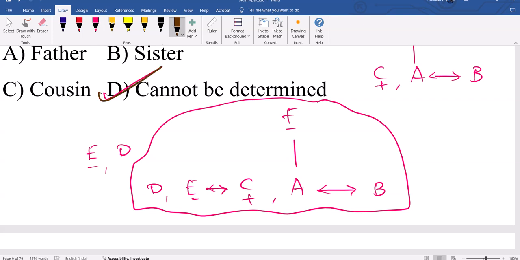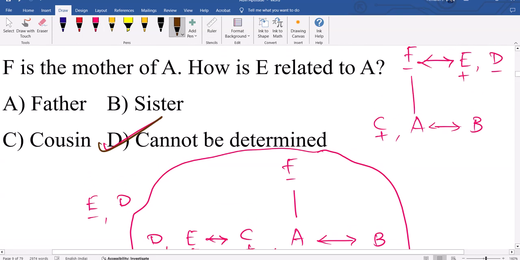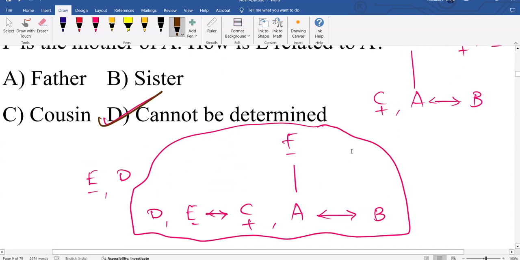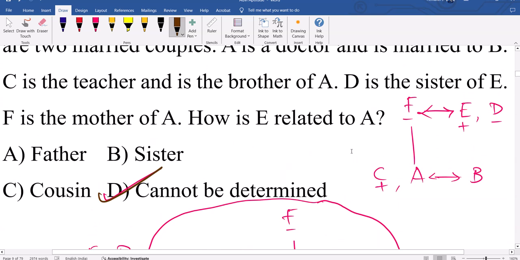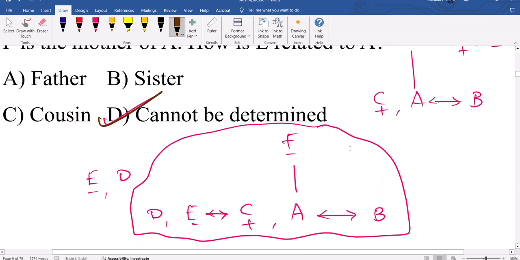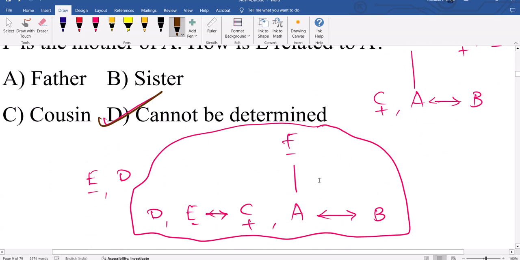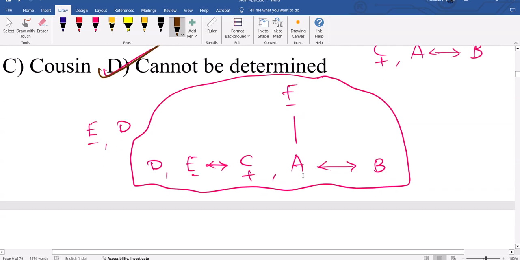In the question, two married couples are mentioned, but there is an issue we can clearly observe. Two chances. This one possible, the one below also possible, satisfying all the conditions. So we are going with cannot be determined for this.